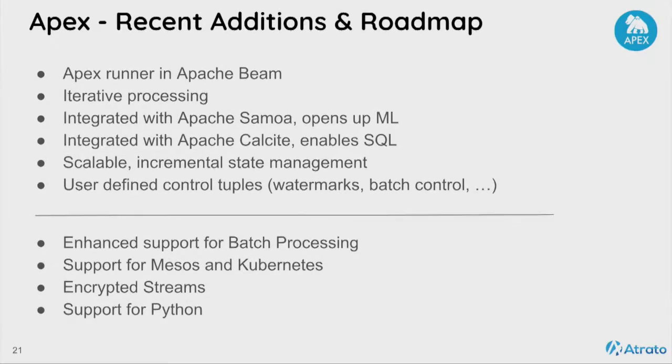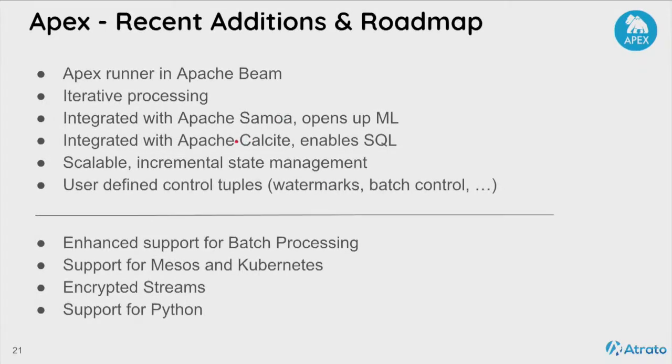So what has changed in Apex over the last year? Apex has added a runner for Apache Beam, so it's one of the supported backends on which you can run Beam pipelines now. Support for iterative processing was added, which is something you need for machine learning algorithms, and then an integration was built into Apache Samoa based on that.